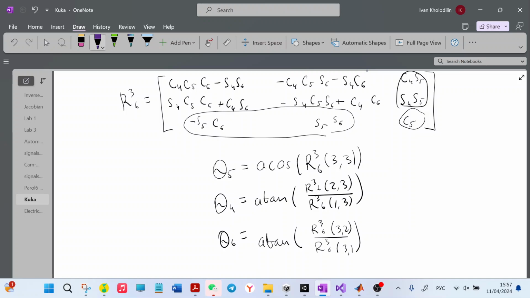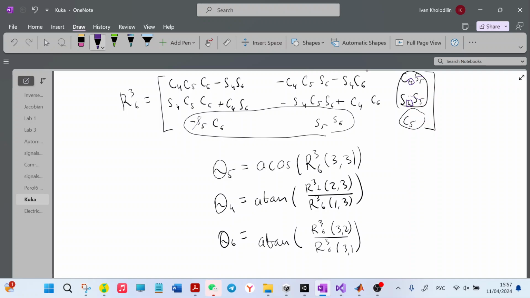Here, if we divide this over this, this will be removed, and this over this will be the arctangent of this. So this will be just index 4, which means theta 4. Next, we can take a look at this too.